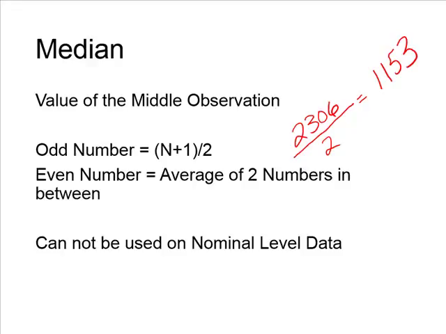So we would go and look around this number of observation to see what the value is. I can do that. I have a data set. I'll go look for the 1,153rd and see what numbers are around it.